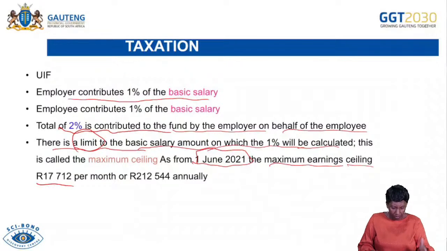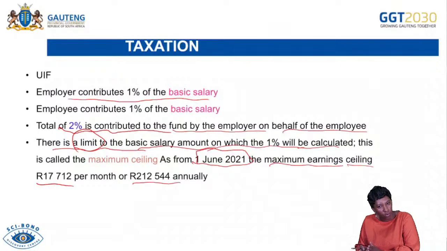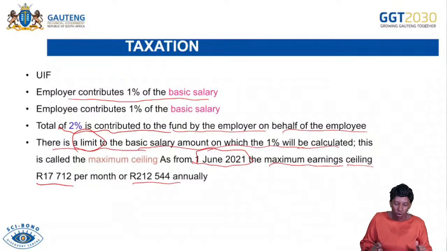So per annum, it will be out of 212,544. If you are earning more than 212,544 annually, then they will only take 1% from me, and the employer will also contribute 1%. So all in all, it will be 2%.